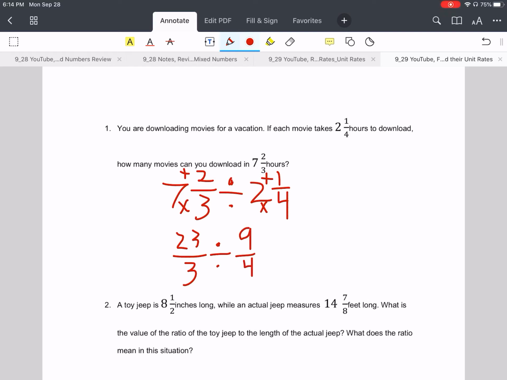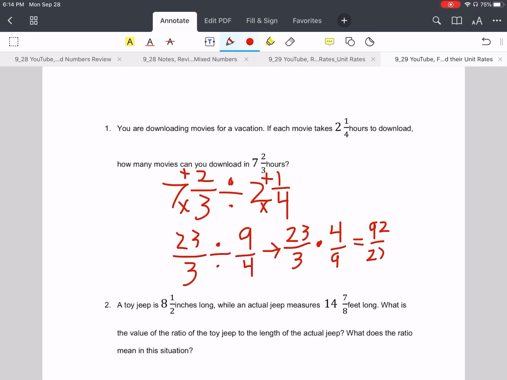Now what we have to do is take the second fraction and flip it and change this into a multiplication problem. So we have 23/3 times 4/9.